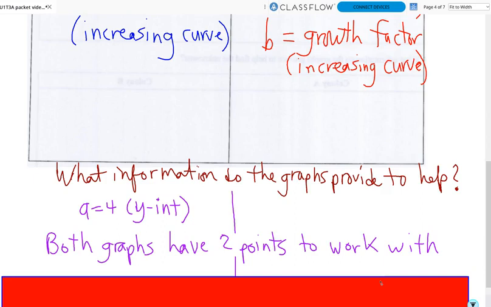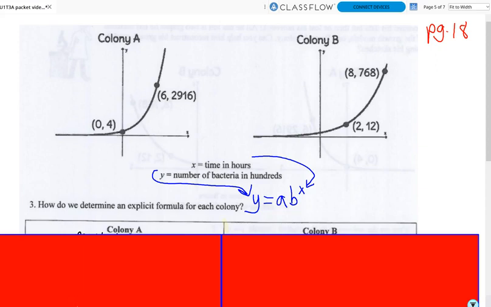So on the next page, page 18, we're going to discuss how to use the 2 points to find the explicit equation y equals, and we're going to fill in the A and the B value. And remember, every equation has both a y and an x, so the equation will still have a y and an x.